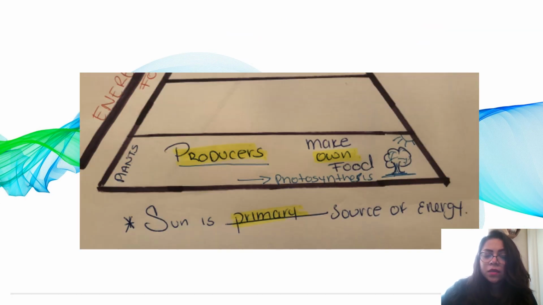Like this. The sun then transfers that energy to the producers. The producers are those organisms that can make their own food using photosynthesis.